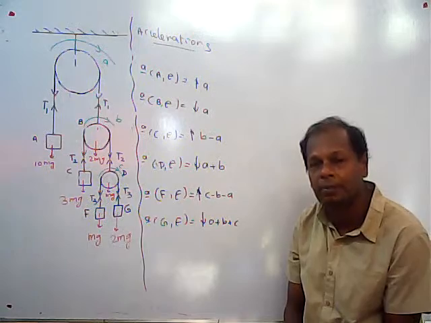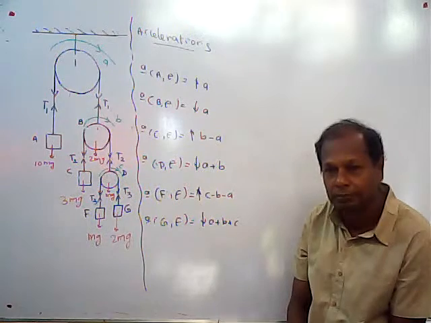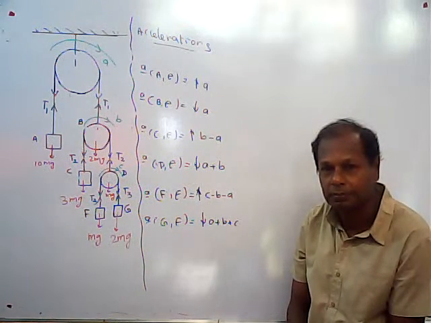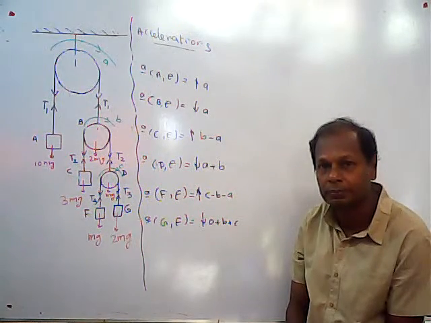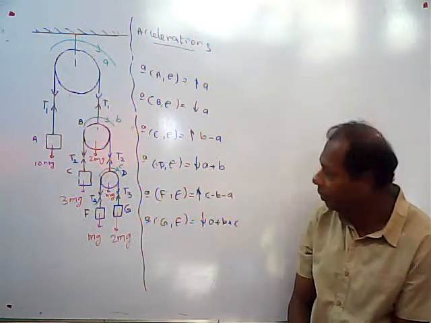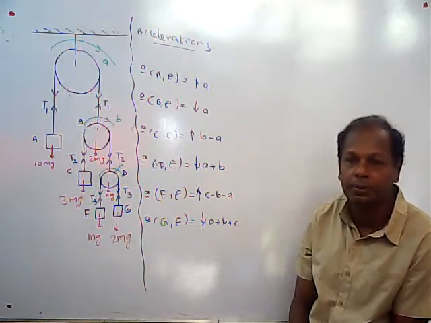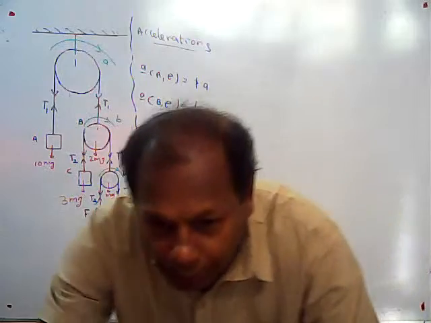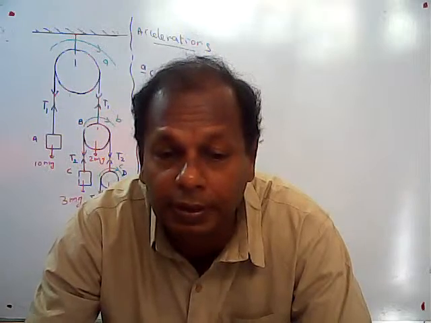Now check the number of unknowns in the diagram. How many unknowns are there? Yeah, 6. What are the unknowns?